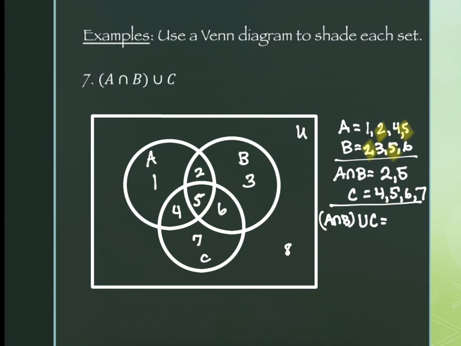So I'm going to list all the numbers, just not repeating any. So I've got a 2, I've got a 4, I have a 5, a 6, and a 7. And in my diagram, I shade those regions corresponding to those numbers. So this is 2, 4, 5, 6, and 7. Okay, does that make sense?